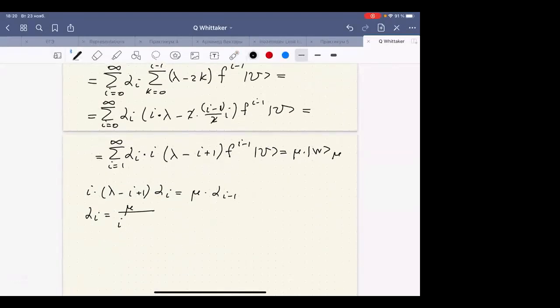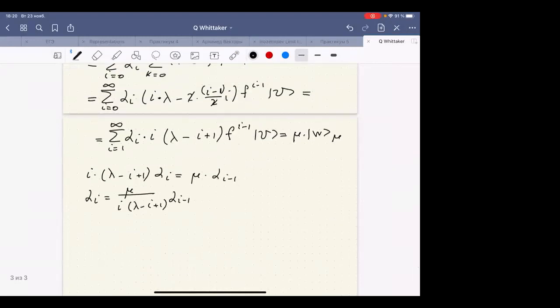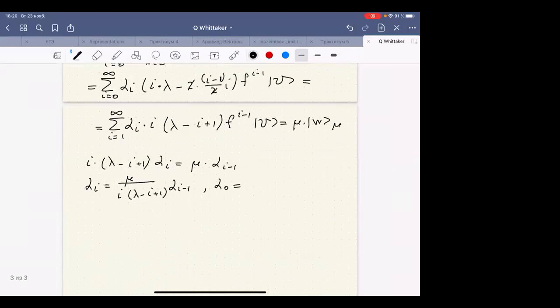So alpha I is mu times I lambda. And from here we see that we can impose the condition that alpha 0 is equal to 1.